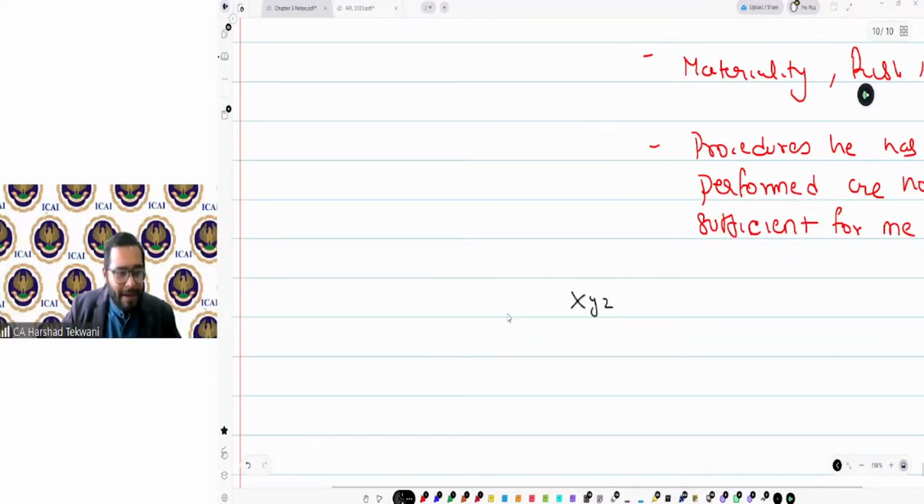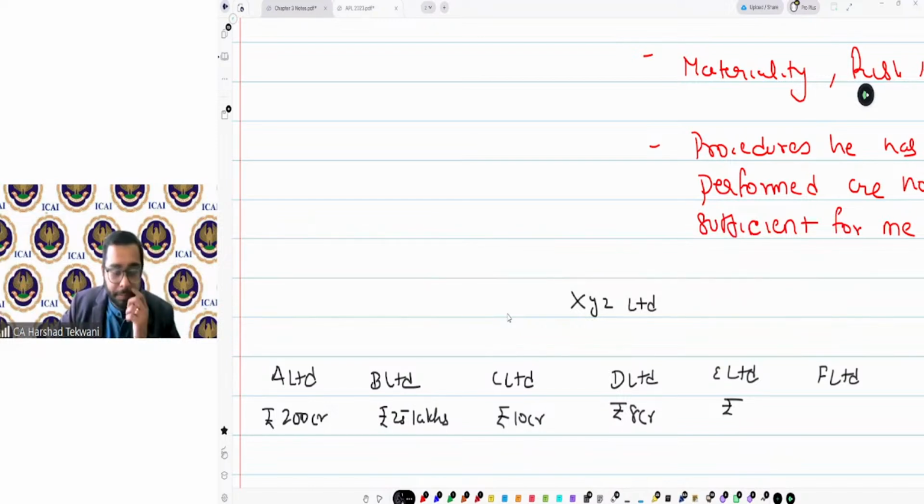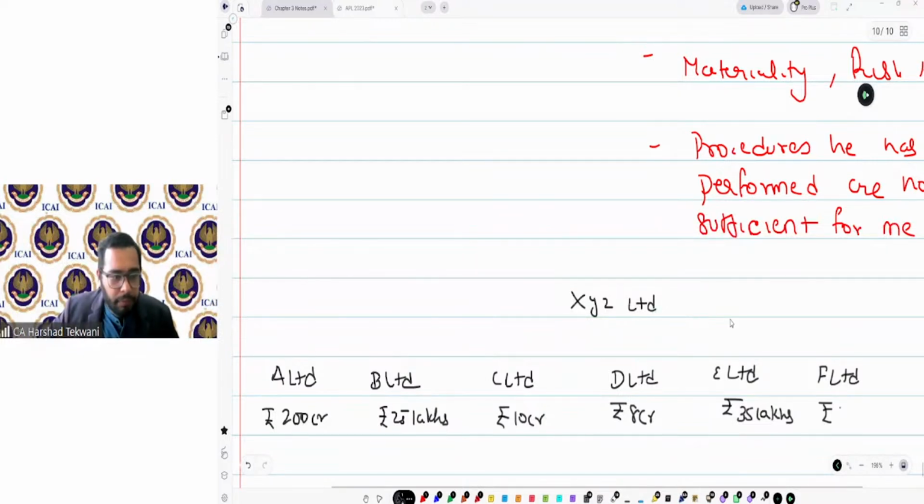Let's say XYZ Limited has subsidiaries A Limited, B Limited, C Limited, D Limited, E, and F. Now I say the turnover of these is 200 CR, 25 CR, 25 lakhs, 10 CR, 8 CR, then 35 lakhs, then let's say 1.4 CR.